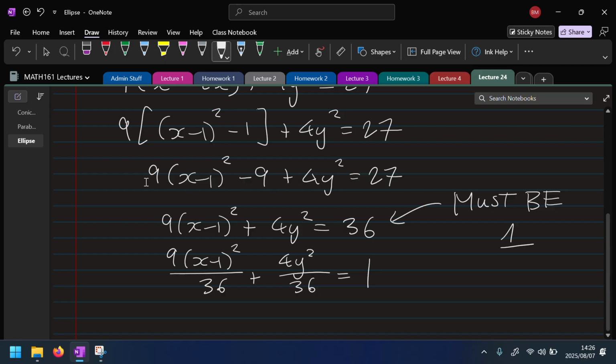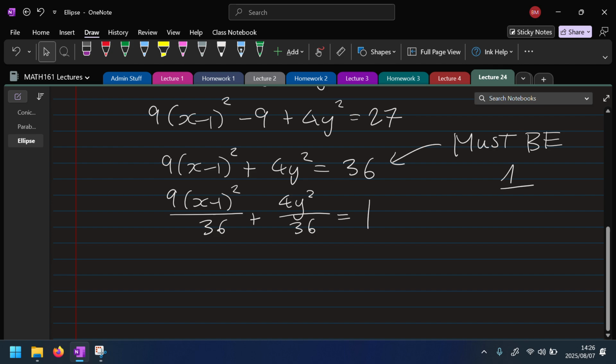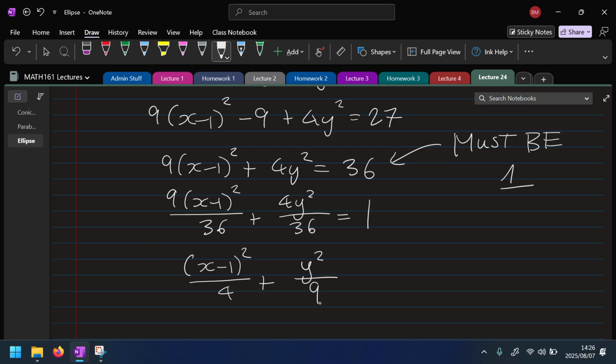So that's all done now. So 9 at the top, 36 at the bottom. We can simplify that to a 4 at the bottom there. So that will be x minus 1 squared over 4. And then we've got the 4 at the top, so they'll simplify to a 9 at the bottom. Now this is in standard form.